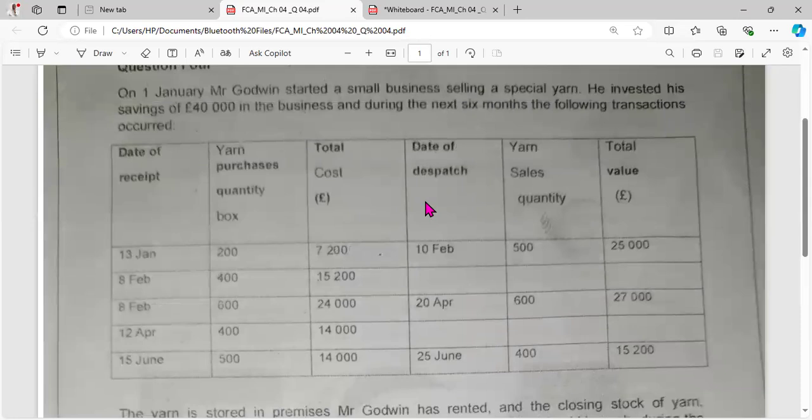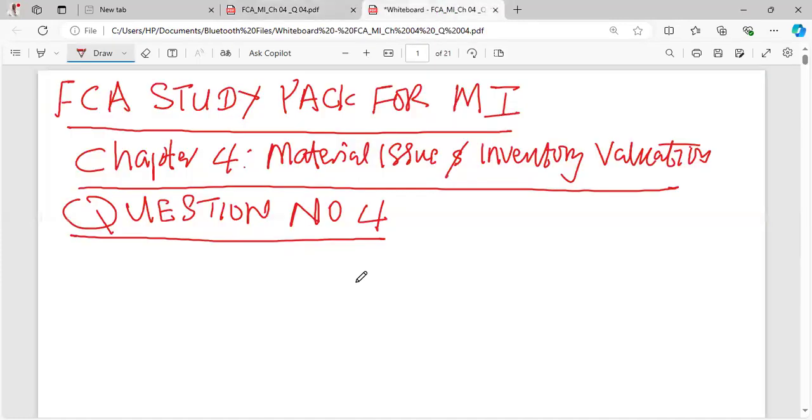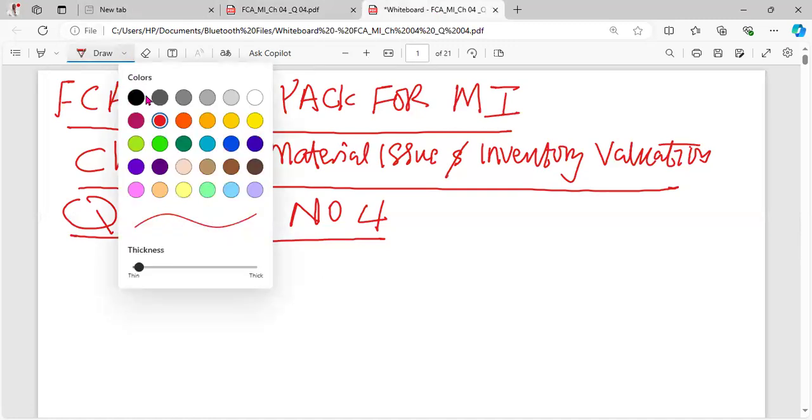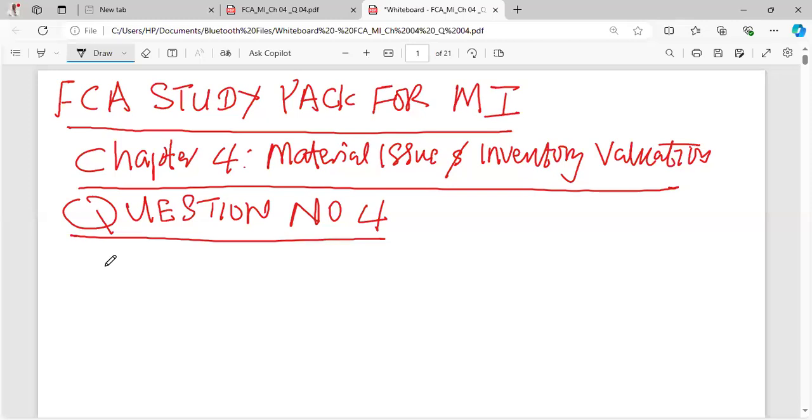So the person is Mr. Godwin, and that's what we are going to use, Mr. Godwin, as our heading.